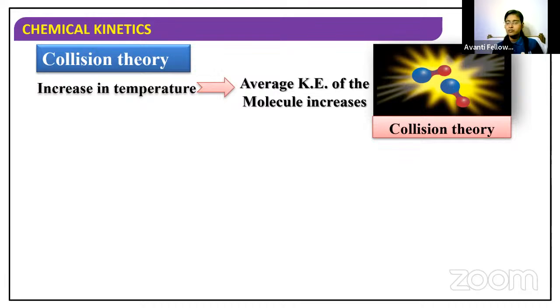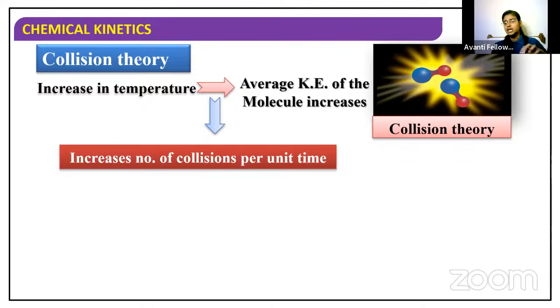In the half mv square formula, as the velocity increases, kinetic energy also increases. This is what we discussed yesterday. If the molecules move very fast, what is happening? The number of collisions per unit time also increases.